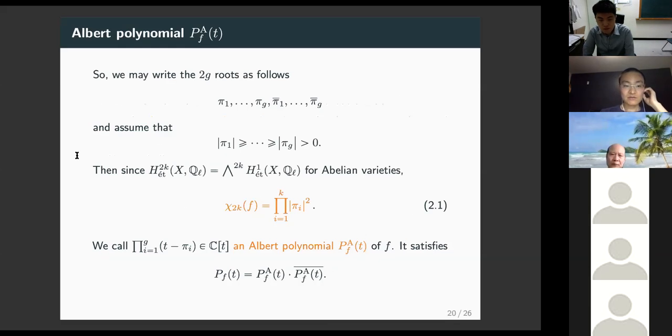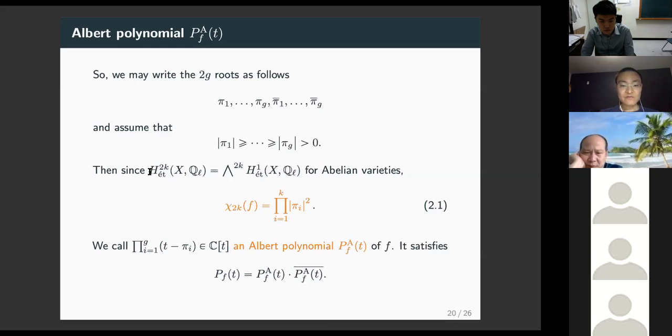Suppose this is true, then we may write the 2g roots in this way: pi_1, pi_2, up to pi_g, and their conjugates pi_1 bar, pi_2 bar, up to pi_g bar. We can assume they have been sorted so that the absolute values of the pi_i are decreasing.